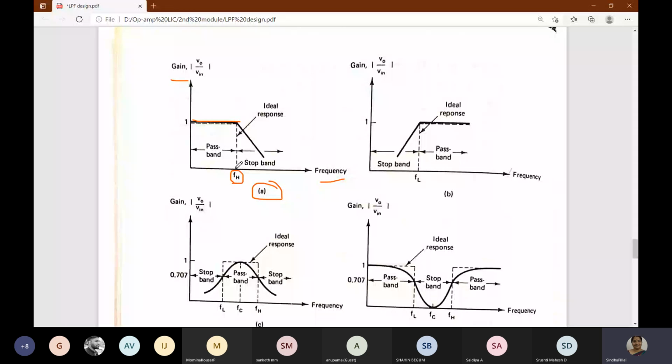That means all the frequencies from 0 to FH will be passed by this low pass filter. Whenever the frequency increases and is more than FH, that will be stopped.